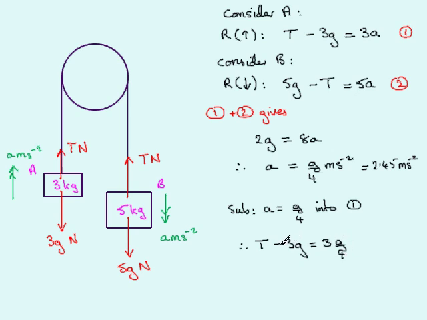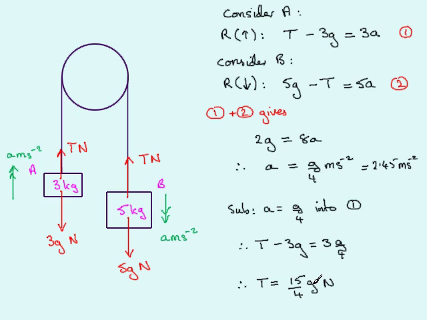If I add 3g to both sides, I'll then get T, and T will equal 3g plus 3/4 g. And that turns out to be 15/4 g. Okay, and the units would be newtons.